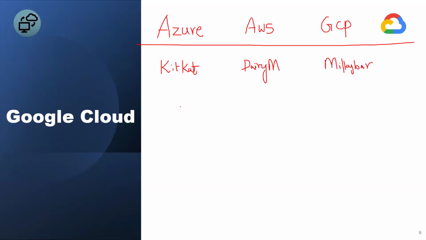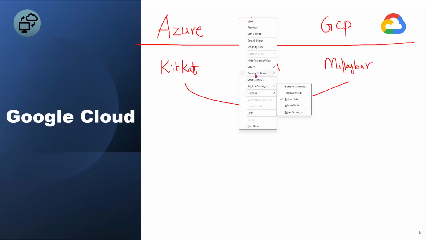So that's it, guys. These are three different brands of chocolates, and these are three different brands of cloud providers. That is the main difference; there isn't any other difference. If you go to a supermarket, you find different varieties of chocolates, right? One variety of chocolate is Azure, one more is AWS, one more is GCP.